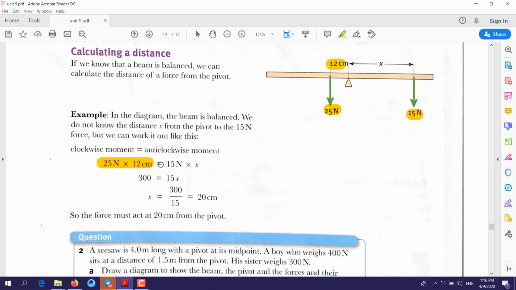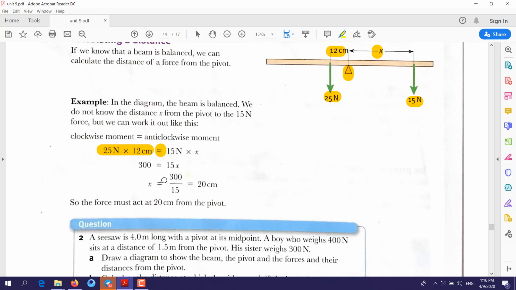This equals, with the pivot in between, the force of the other side, 15 Newton, times the distance. We don't know the distance, it's x. We want to find it. Now, calculations: x equals 20 centimeters.